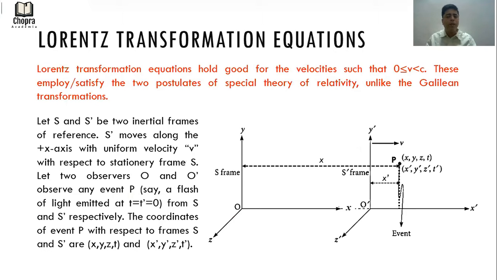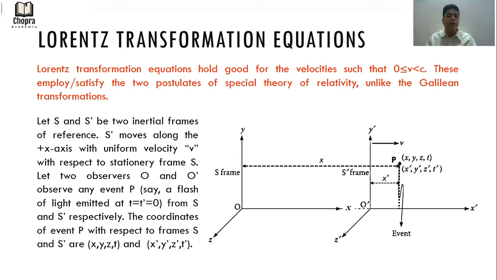So Lorentz transformation equations were very popular because they cater to different velocities ranging from 0 to c. If the speed v of the frame S dash is of the order of c, then these are the equations you have to consider. In fact, we can say Galilean transformation equations are a special case of Lorentz transformation equations, which you will see very soon.